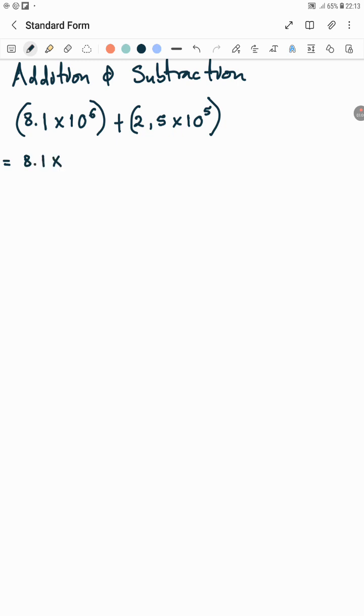You can change 10 to the power 6 into an ordinary number without a power, and you can also change 10 to the power 5 to 100,000. So this one becomes 8,1 or 8.1 million, because our comma is going to move 6 places to the right, which is 1, 2, 3, 4, 5, 6.